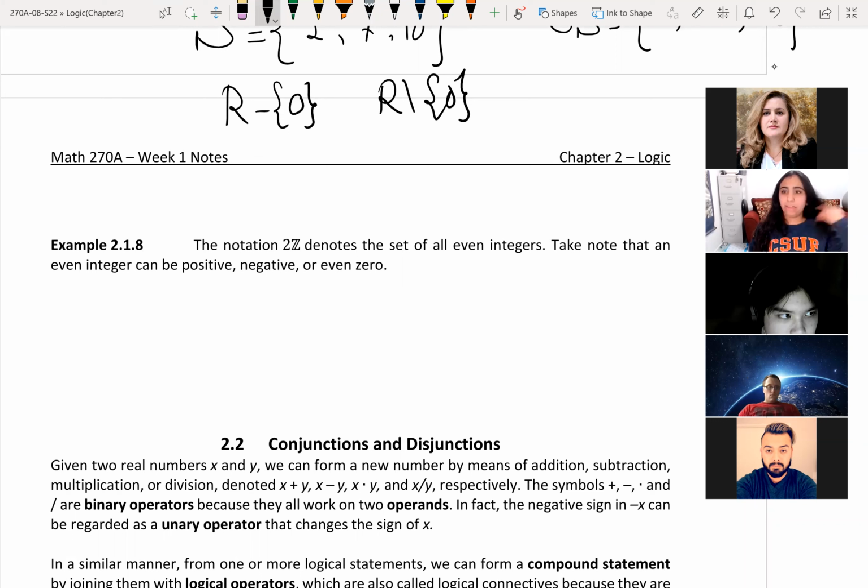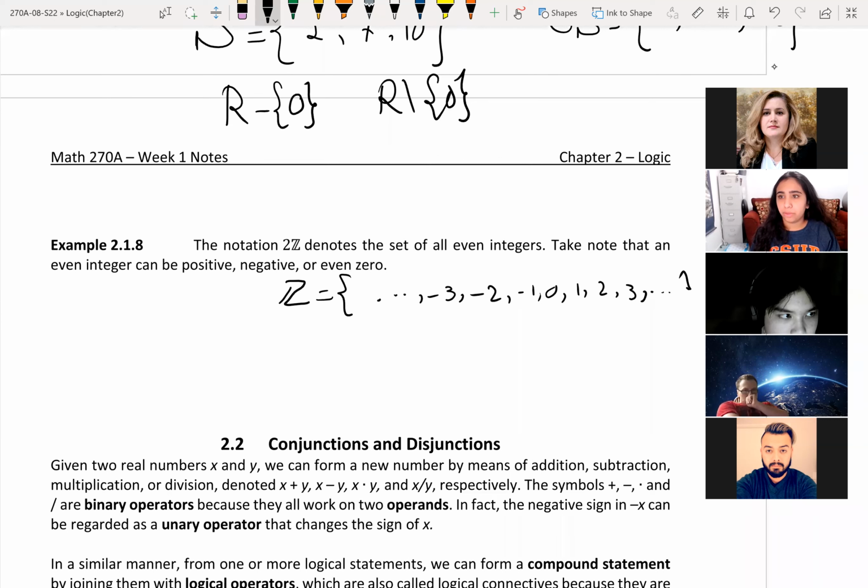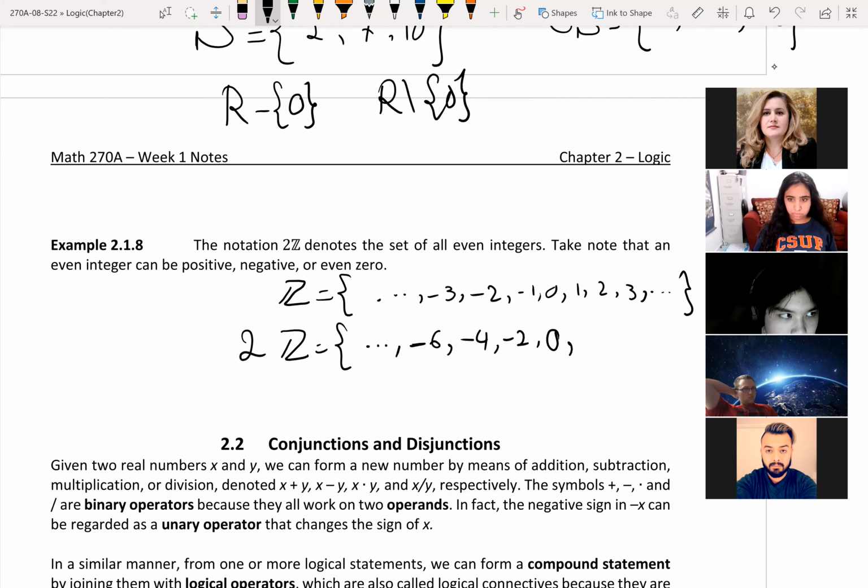So just one example here. Your Z is all of the integers. So you have -3, -2, -1, 0, then 1, 2, and 3, and so on. So the question is 2 times Z, which will be the set of even numbers. So you have -6, 2 times -2, 2 times -1, 2 times 0, 2 times 1, and 4 and 6, and so on.